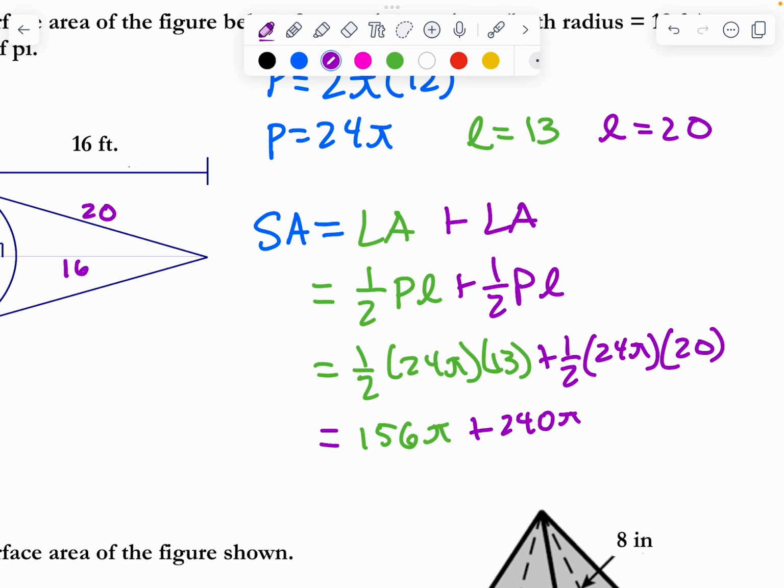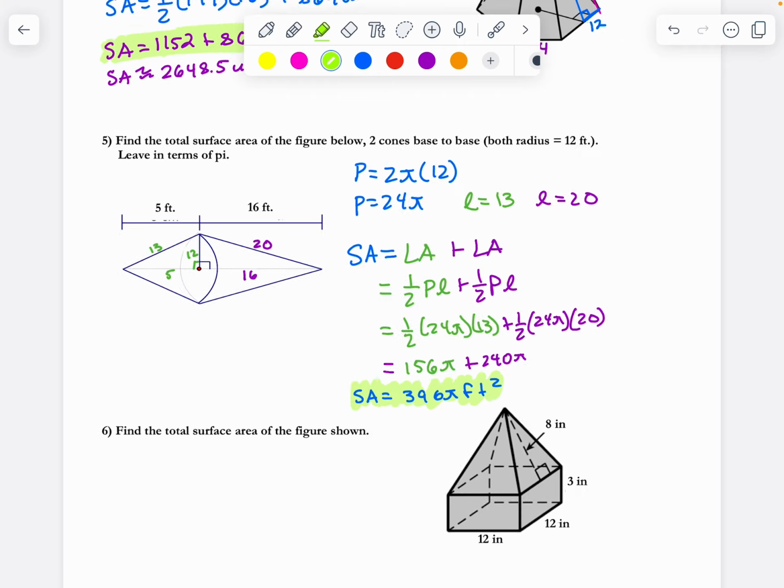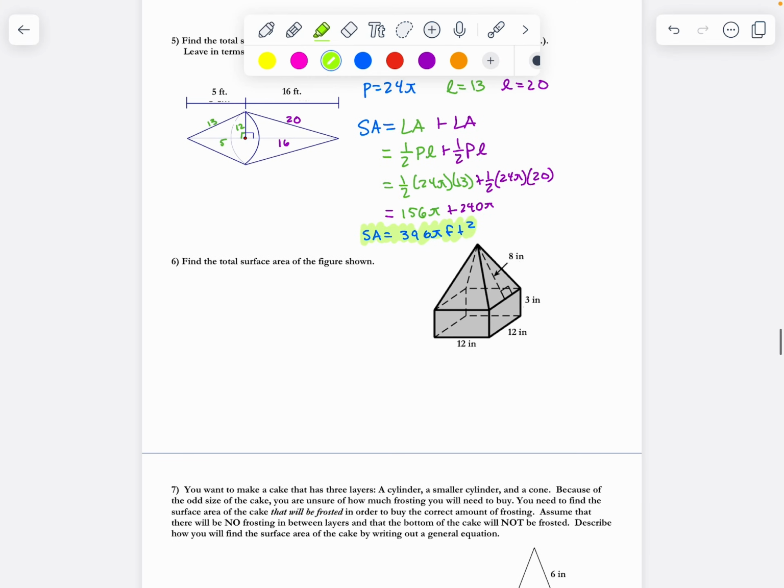So the surface area of these cones is going to be 396 pi feet squared, and that's how we want to keep our answers. Cool, it wasn't anything too bad. In this case, we don't have to add the base because the base is where they're joined. So we're done here. It's just the lateral area plus the lateral area.